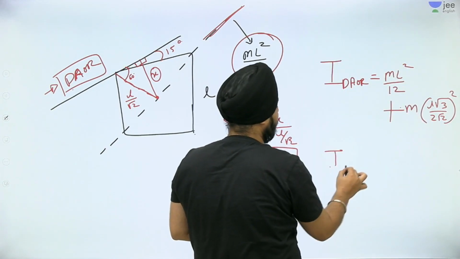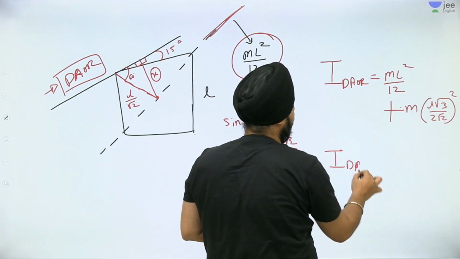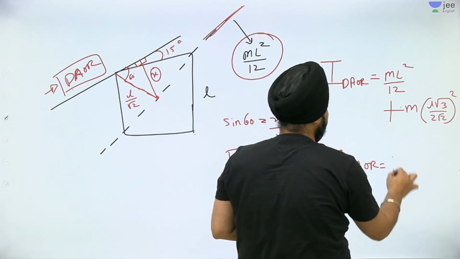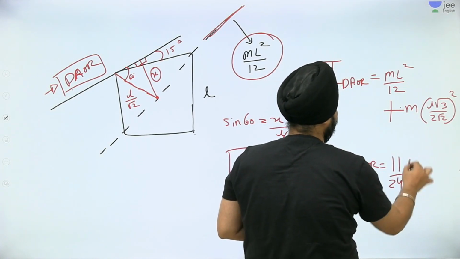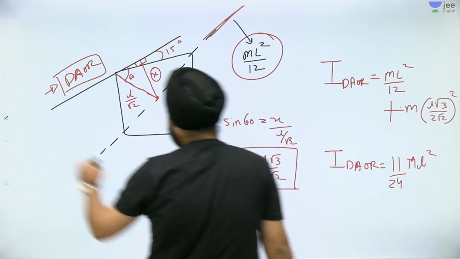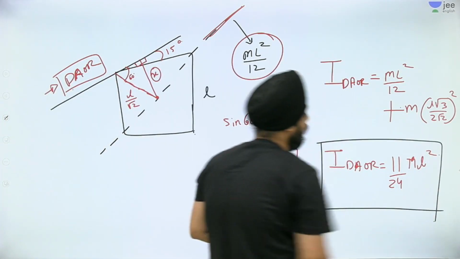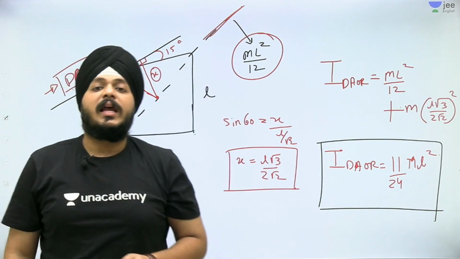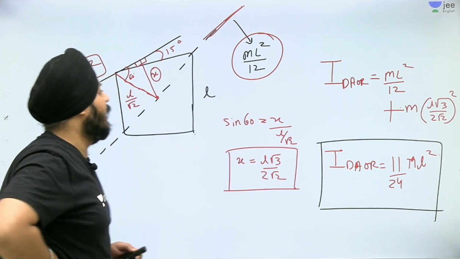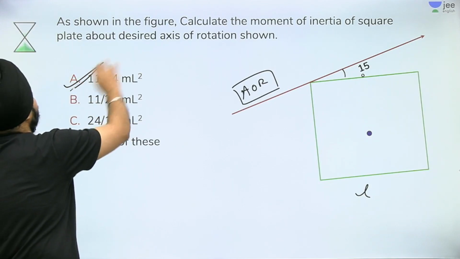Resolving this, I get the moment of inertia about the desired axis of rotation as 11 by 24 ML square. So this would be the answer, option A.